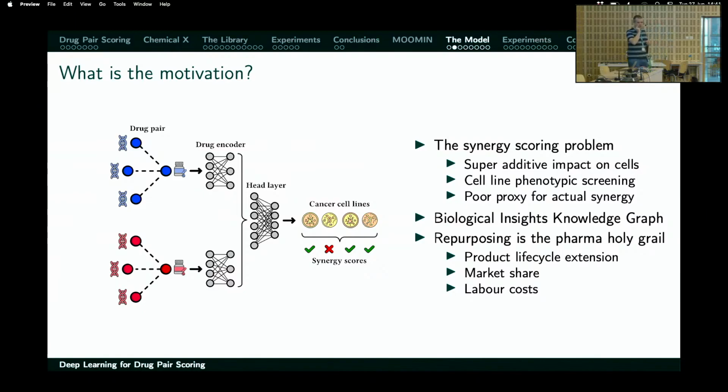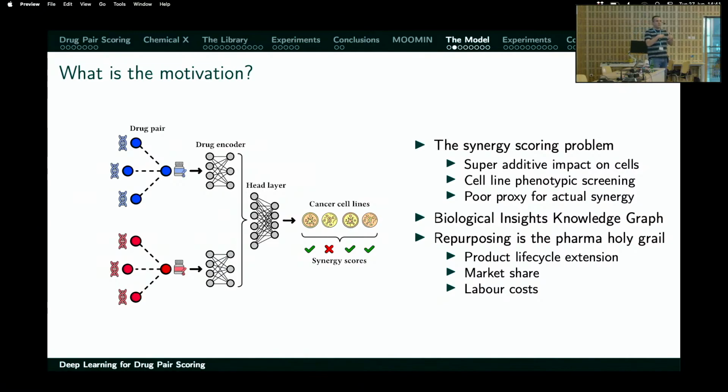Repurposing is kind of like this holy grail in pharma, because you can think of a product that has a life cycle. People will try to improve upon that drug. If there is a patent for that drug, people will try to look into breaking that patent, in the sense that they want to have a molecule that is sufficiently dissimilar from your molecule that they can patent it.